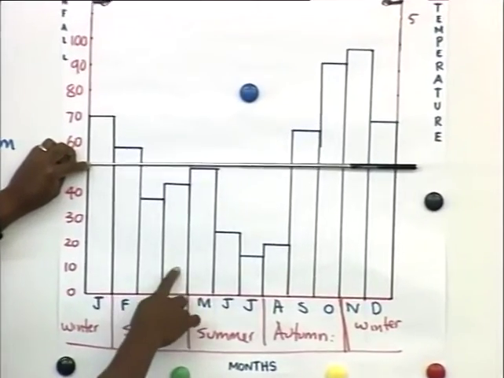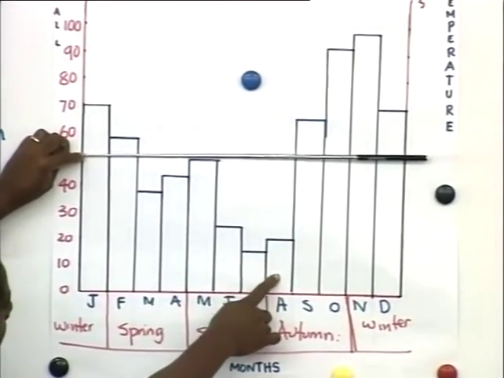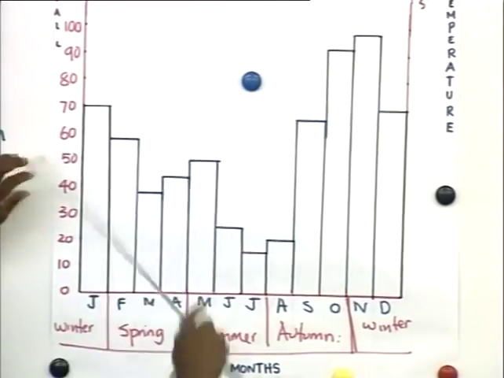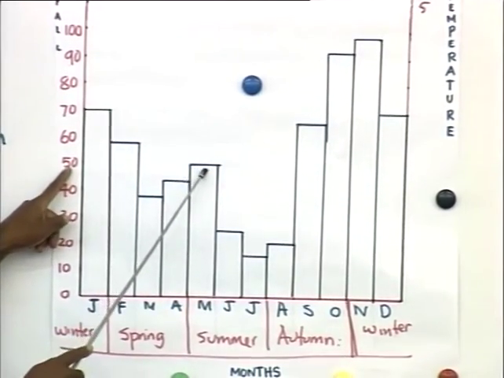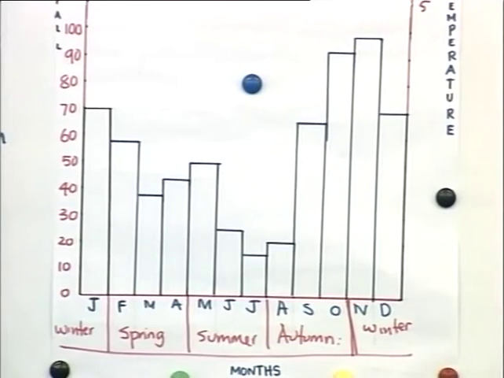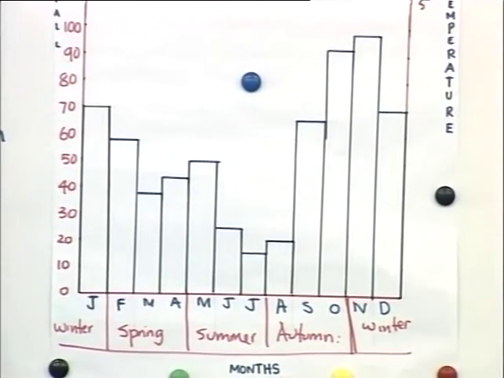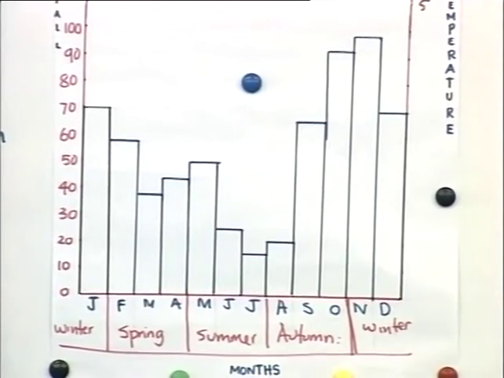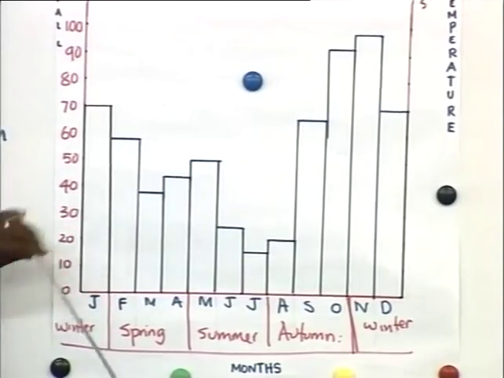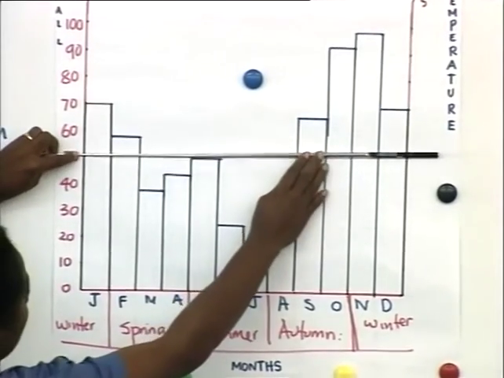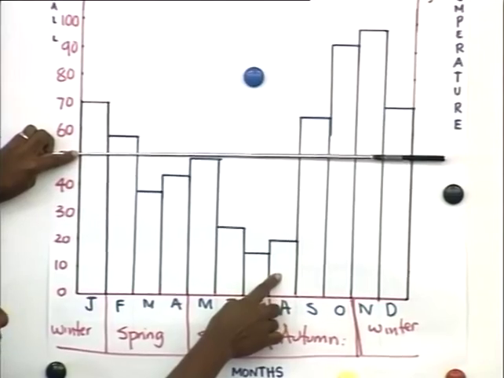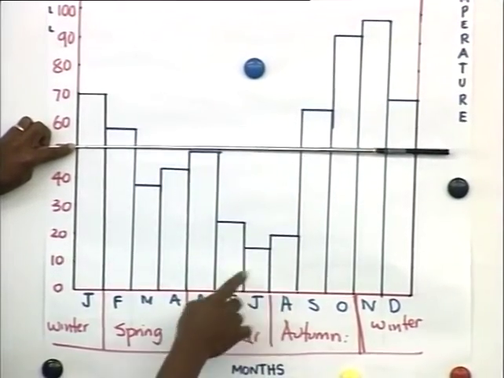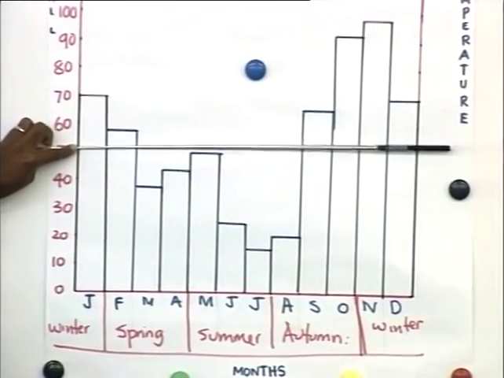So we have 1, 2, 3, 4, 5, and 6. Oh, sorry, this one should be 50 millimeters. So the question is asking for how many months of the year is rainfall below 50. So therefore, it will have to be 5 months. 1, 2, 3, 4, 5. 5 months of the year where rainfall is below 50.